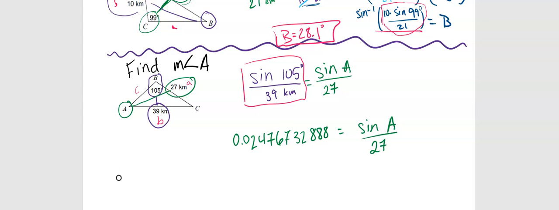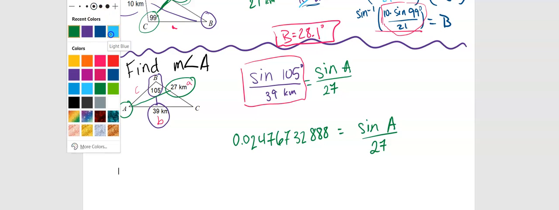This is what I mean by you're going to need to use the entire decimal. It's going to make it very inaccurate if you round to like 0.025. You're not going to get the right value. So use the entire decimal until the very, very end. Then you can worry about rounding.